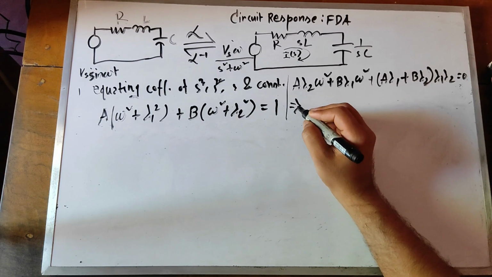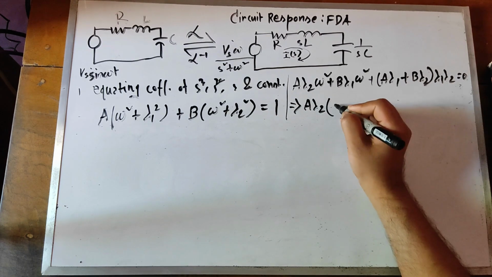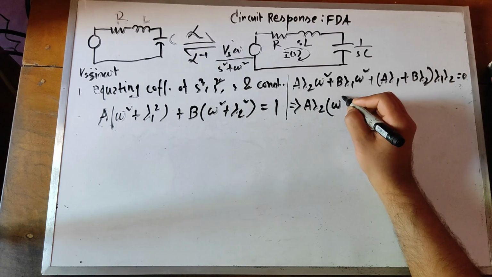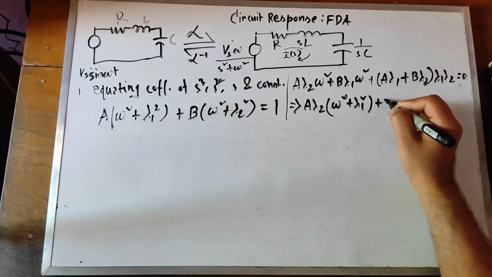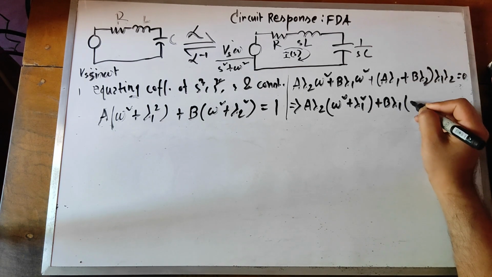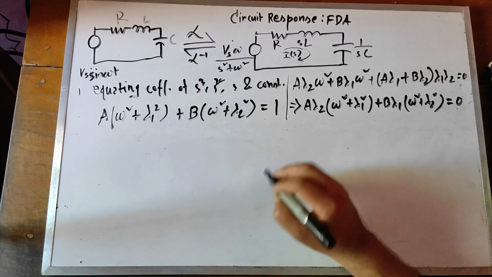If you look carefully, this will give me A lambda 2 (omega squared plus lambda 1 square) plus B lambda 1 (omega square plus lambda 2 square) equals 0.